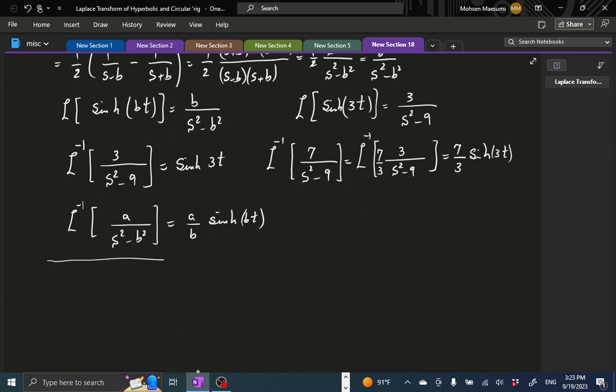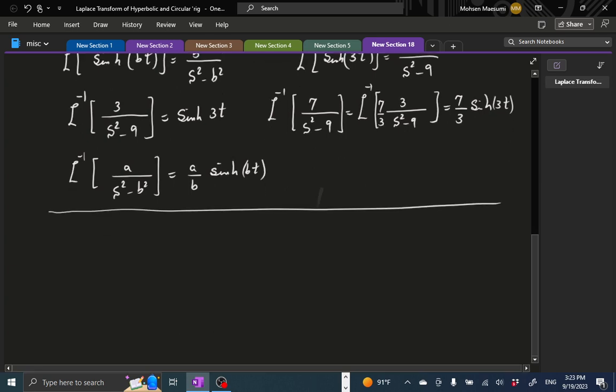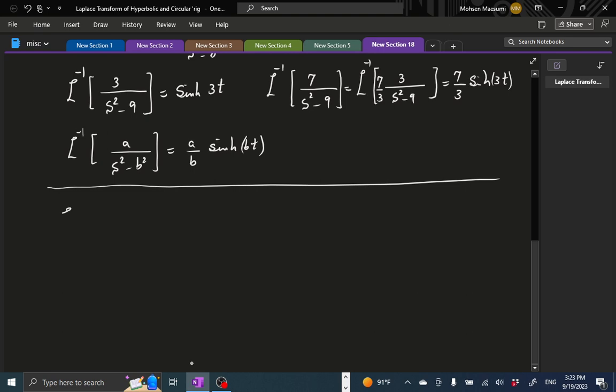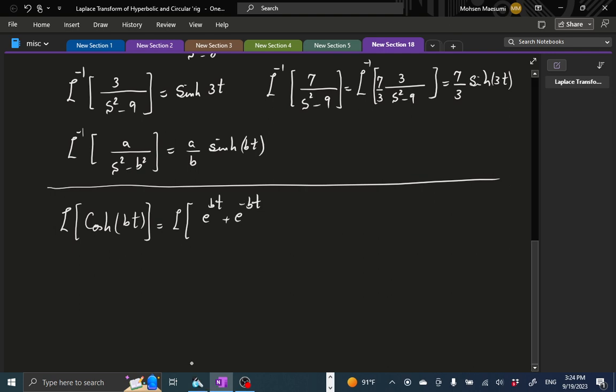Okay, we talked a lot about sine hyperbolic. Let's go ahead and do an example of cosine hyperbolic of bt. What is the Laplace transform of it? It's going to be the Laplace transform of e to the power of bt plus e to the power of minus bt, over 2. We just did this.